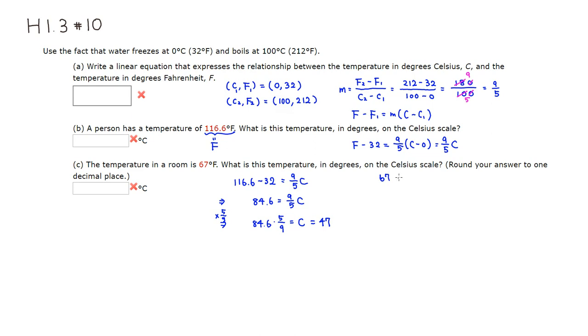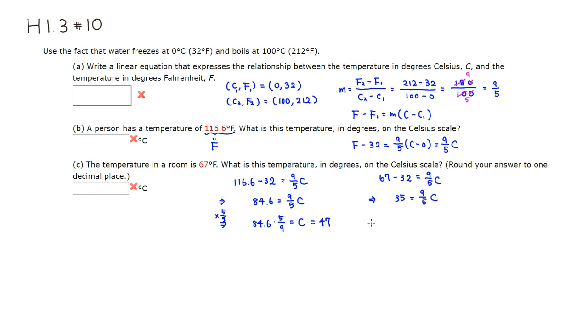Then do the same computation. 67 minus 32 is equal to 9 over 5C. So 7 minus 2 is 5, and 6 minus 3 is 3, so 35 is equal to 9 over 5C.